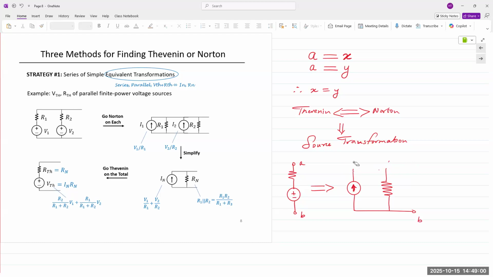Actually, this is a better representation. Source transformation can be tricky, so I try not to use it too much. I try to avoid it as much as I can.